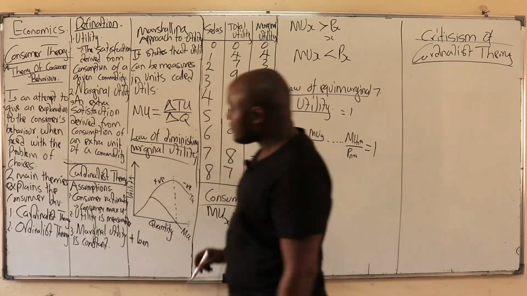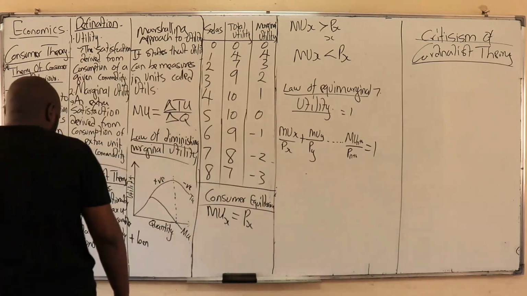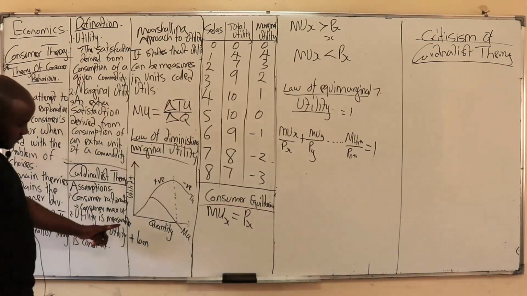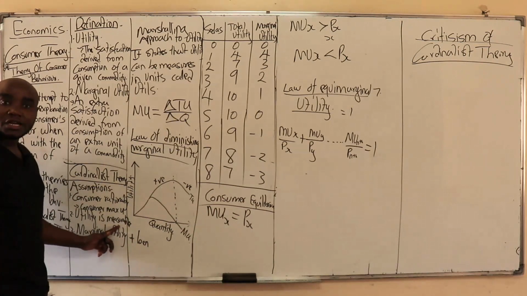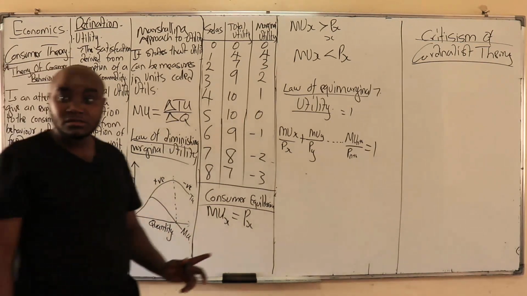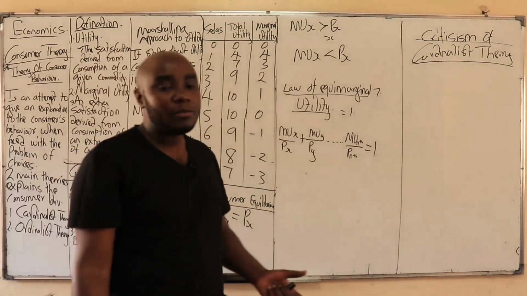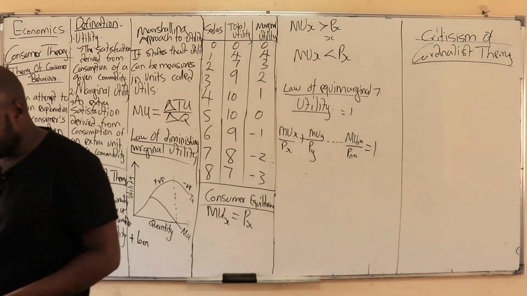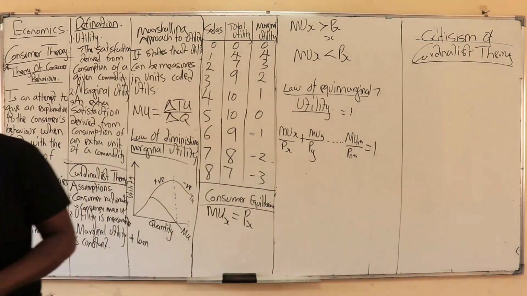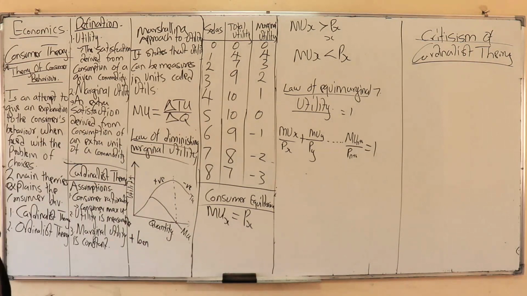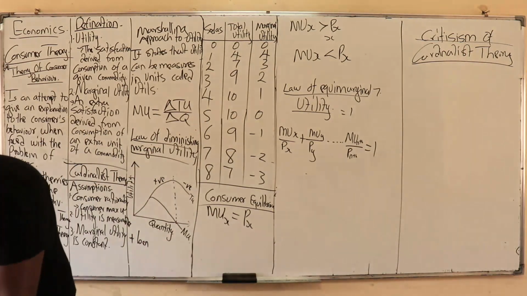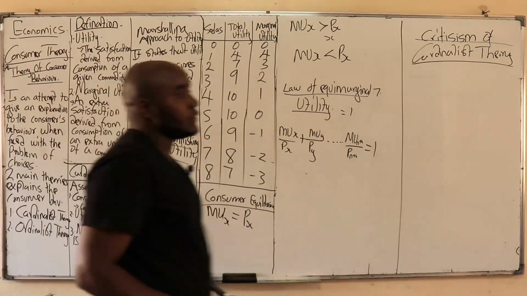We said that some of the assumptions is that utility is measurable. Can you measure your satisfaction? No. So number 1 is that utility cannot be measured.